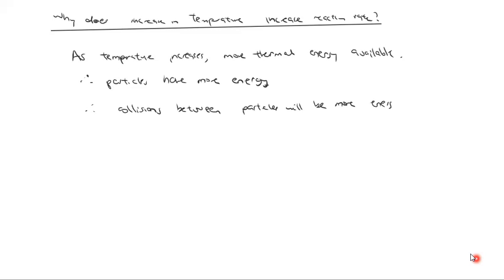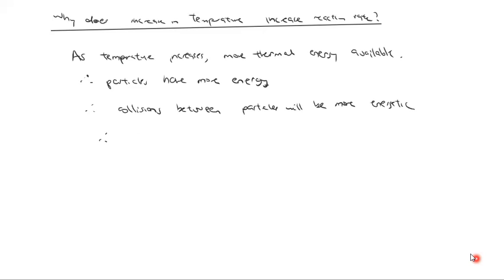Now, you need to remember that for a chemical reaction to happen, you need to actually break the bonds in the first place. And the bonds are broken by having the collisions collide successfully with enough energy. Because the collisions between particles are more energetic, there is a higher chance that there are more collisions with enough energy.